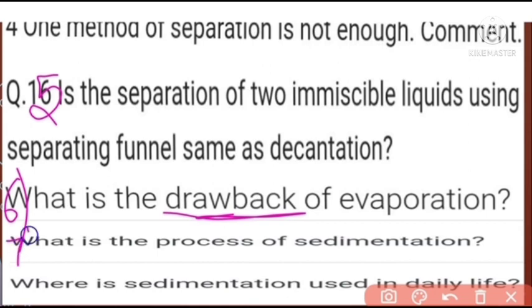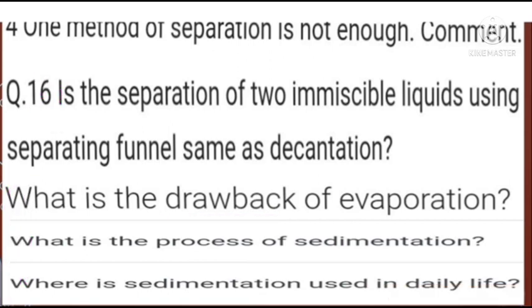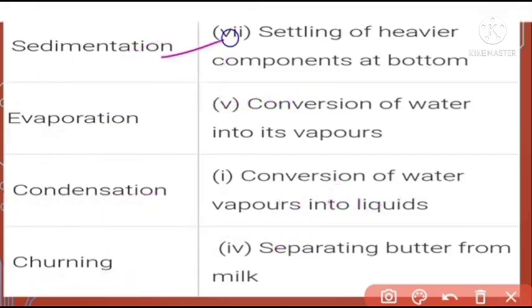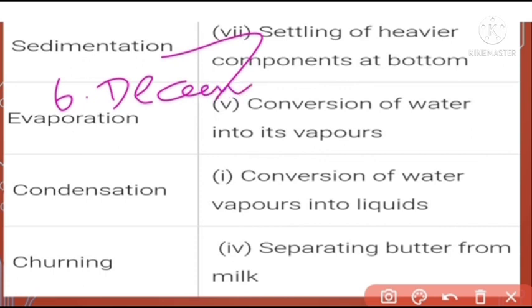Seventh question, what is the process of sedimentation? Eighth question, where is sedimentation used in daily life? This is also in this week's assignment. Then the sixth activity, the decantation process using the separating funnel method.